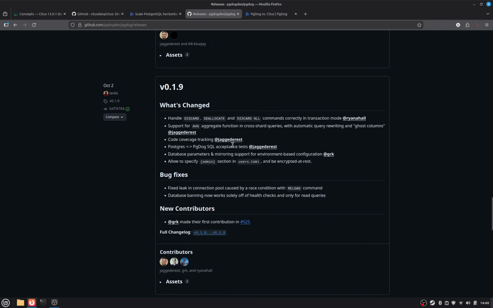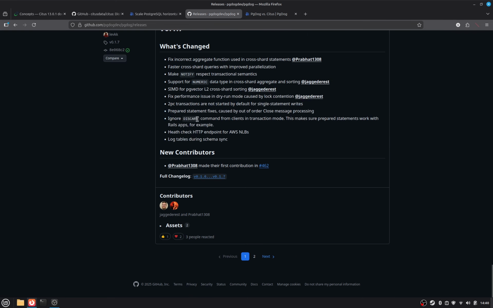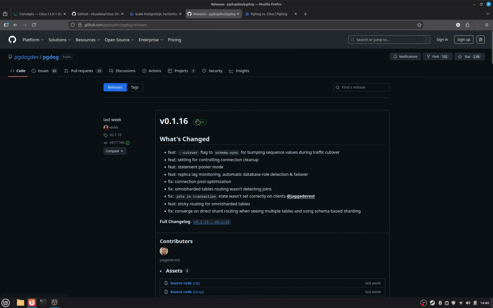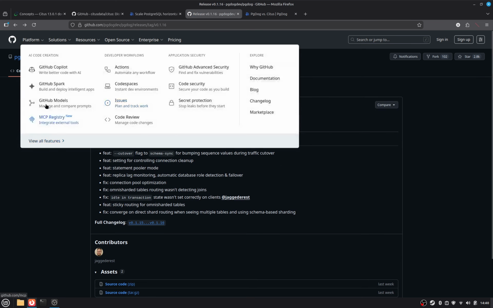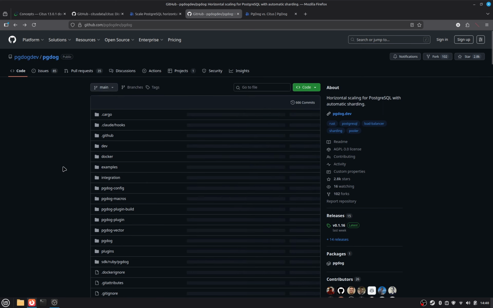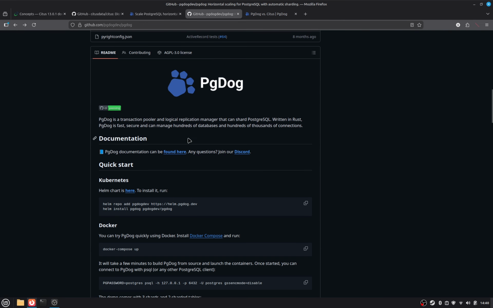You can see there is almost a weekly or bi-weekly release going on with new features, so it should become usable very soon. I don't know if it is usable. Does it say that it is not usable for production? Okay, it does not say. All right, so try to use it.